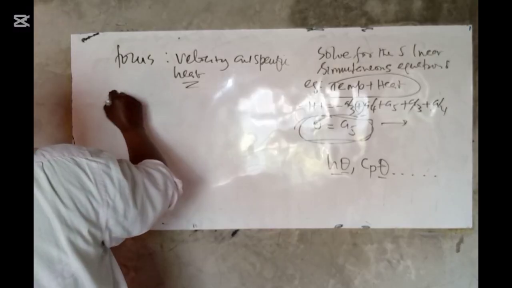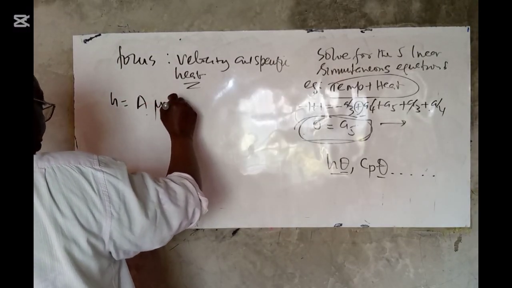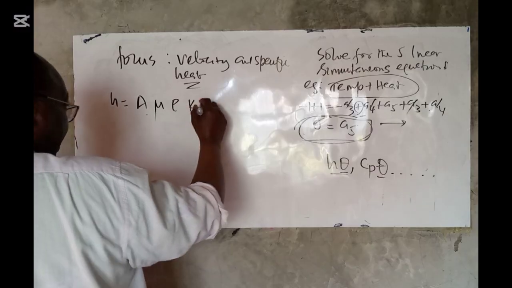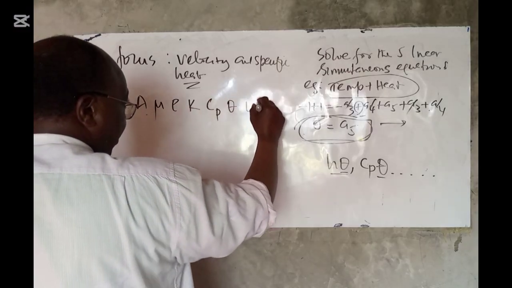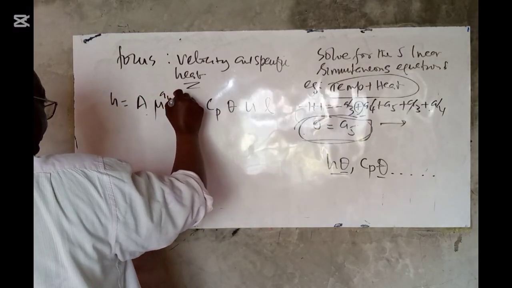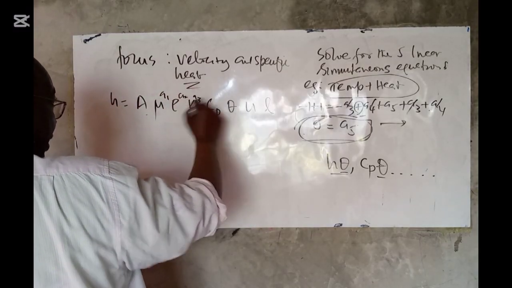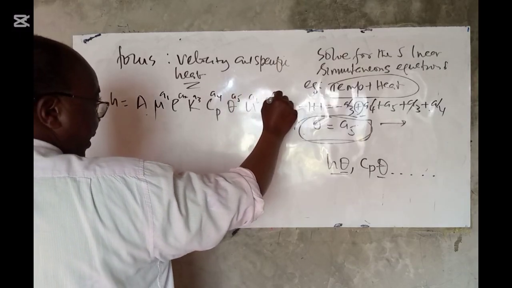If you remember, we had said that our H was A. Then we had the dynamic viscosity, the density, the heat capacity, the fluid velocity, and the characteristic dimension. So we say this was A1, A2, A3, A4, A5, A6, A7.